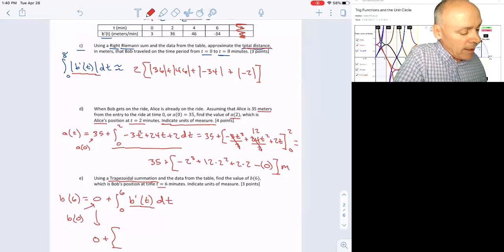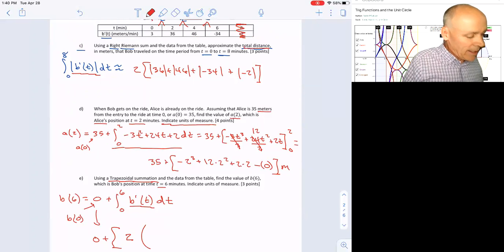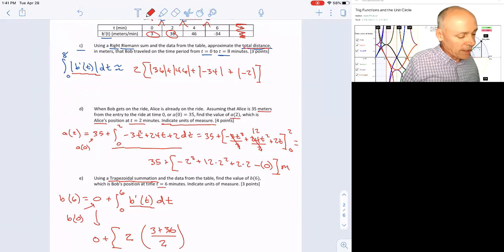And again, my delta t's are all going to be 2. So what I can do is factor that 2 out. Actually, I'm not going to factor that 2 out. I'm just going to do it the long way.